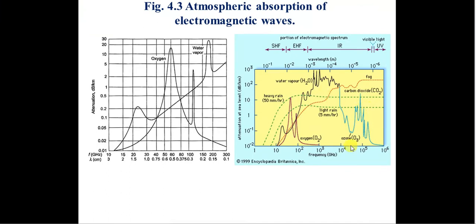So this figure represents the atmospheric absorption of electromagnetic waves. On the x-axis we have frequencies. As the frequency increases above about 10 gigahertz, there is attenuation of the electromagnetic waves, and the attenuation unit is dB per kilometer.